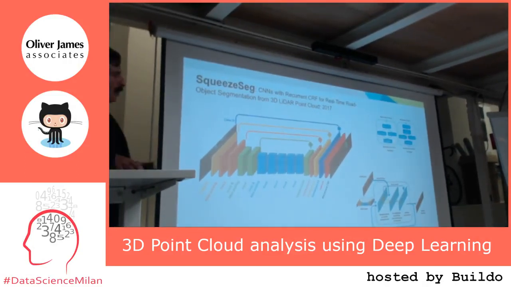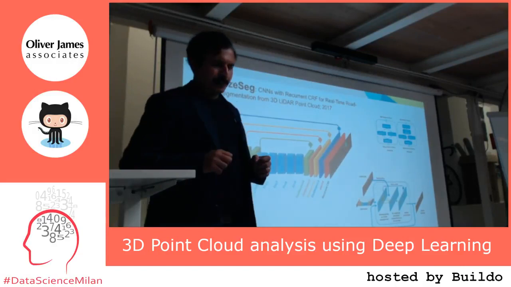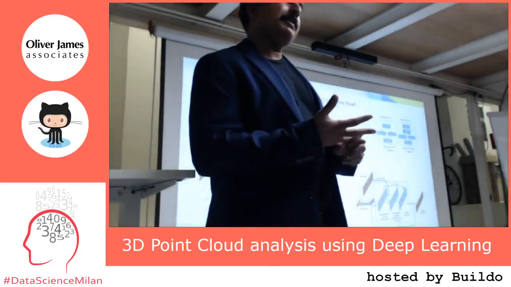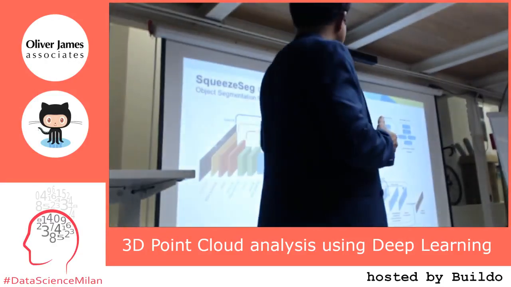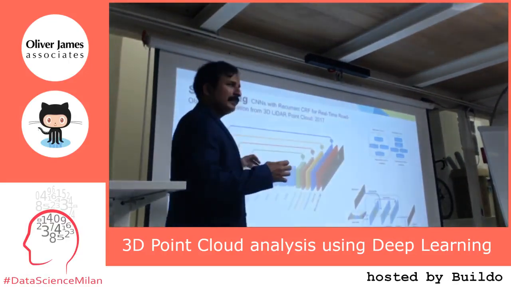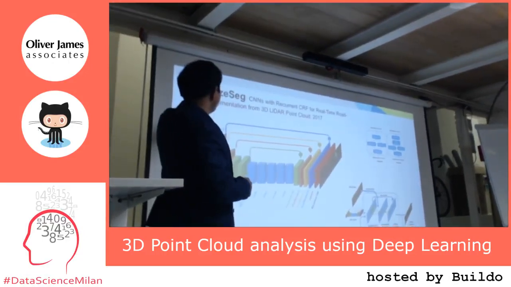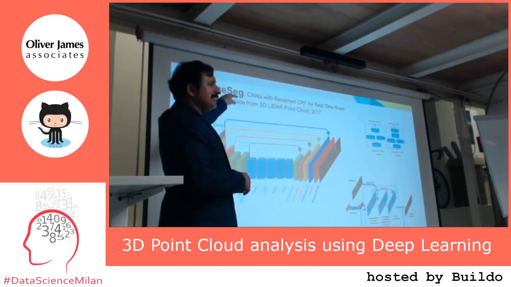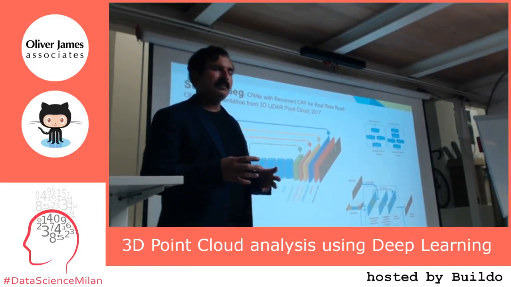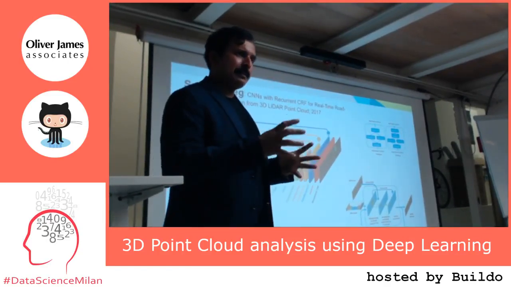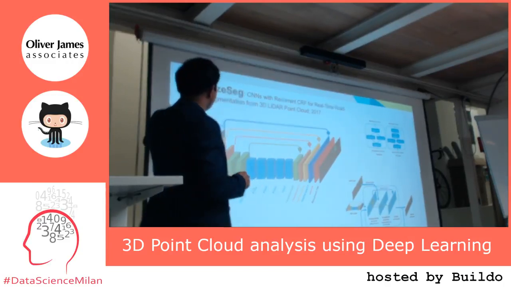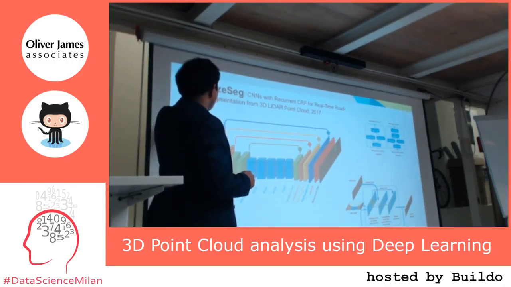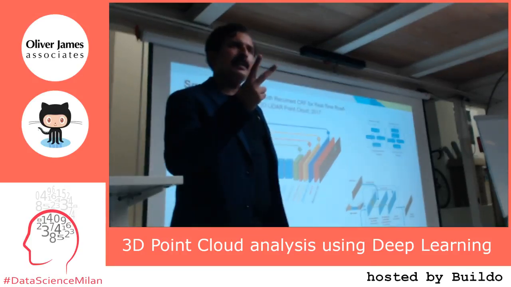I have a couple of other models which also do a good job in classification and semantic segmentation, but these are based on their 2D counterpart. For example, there's a very famous model called SqueezeNet, which is a 2D classification and semantic segmentation model, and they've used the same approach and named it SqueezeSeg, which is nothing else but two predominantly important points.